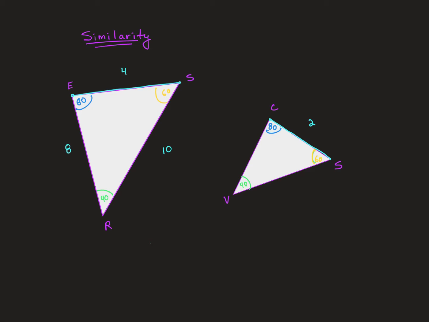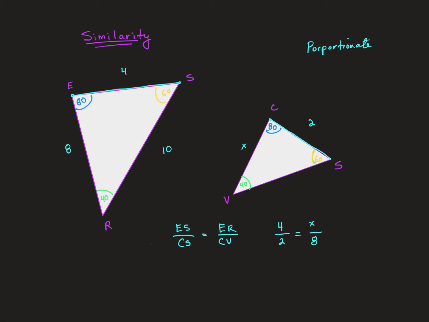Well, what we could conclude from there is that since this triangle is similar in shape, and one side is half the size of the other, we could conclude that these two triangles, if they're similar, will be proportionate. Meaning if ES is proportional to CS, then we could say, for instance, ER will be proportionate to CV. That 4 over 2 should be equal to whatever this is, x, over ER 8.